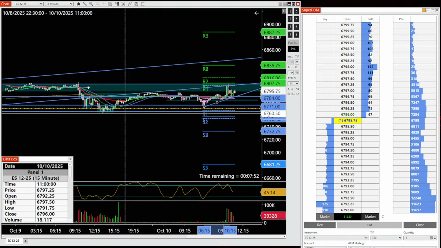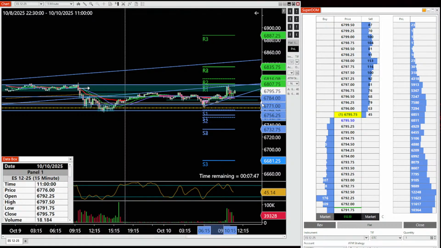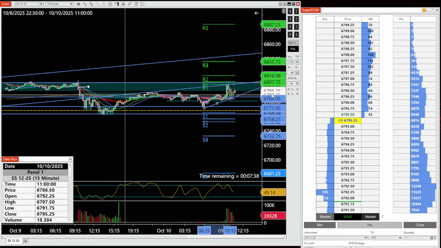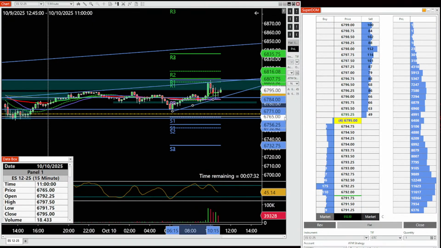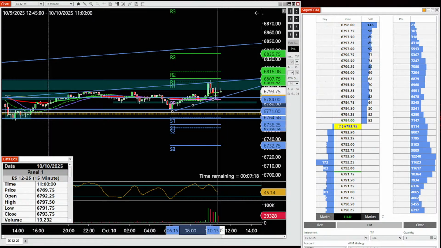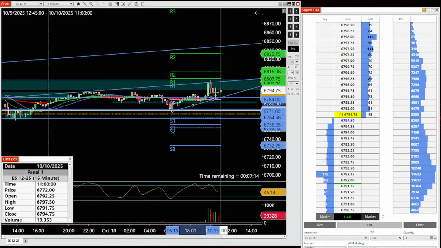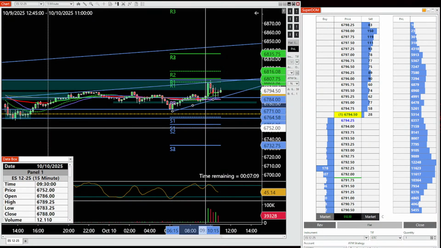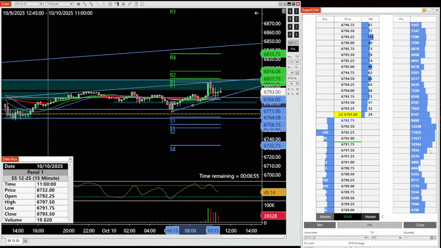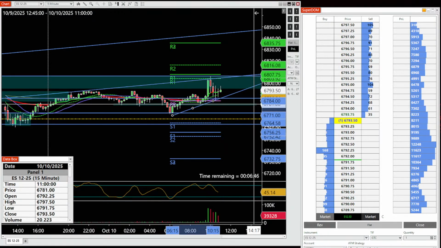This is where we are. And back into 92 area, back into this area, back into this area.